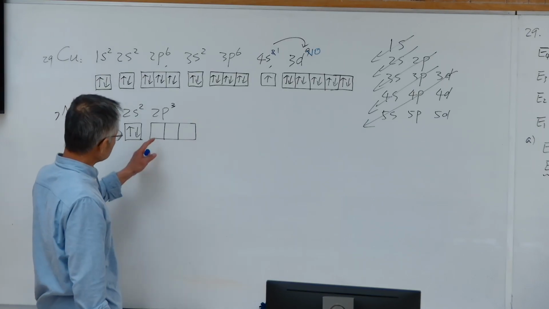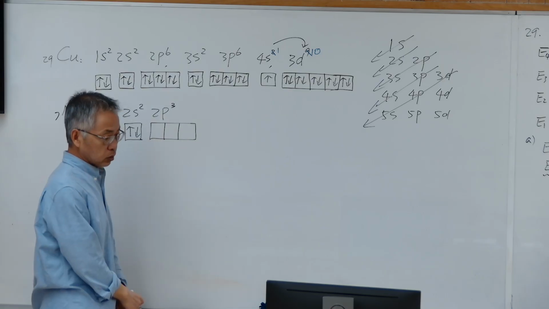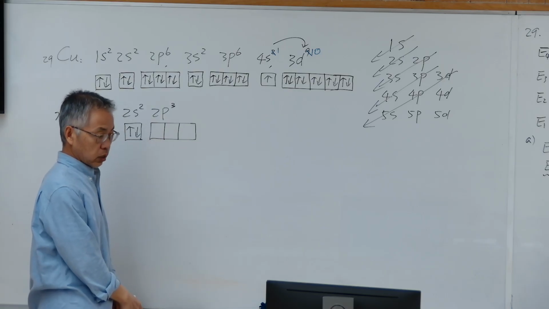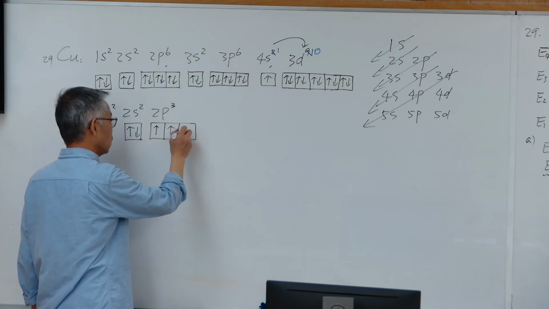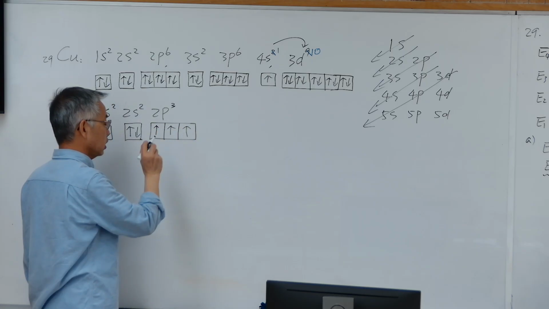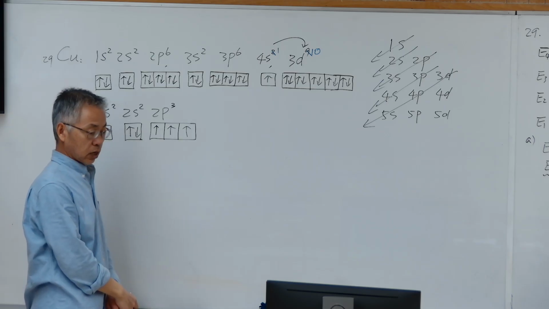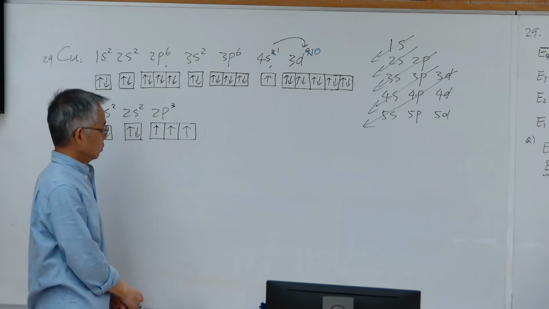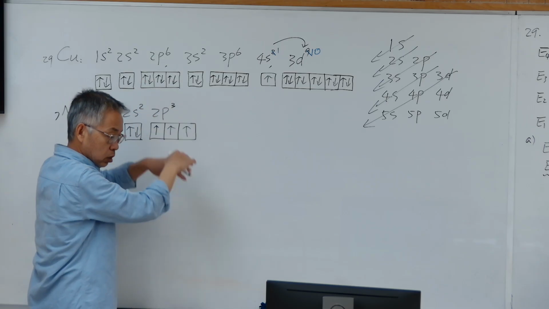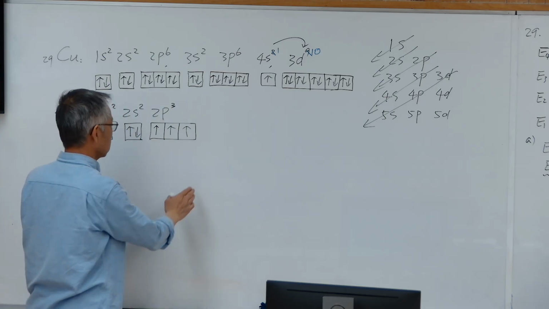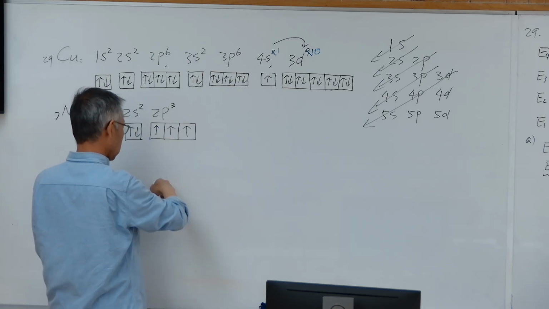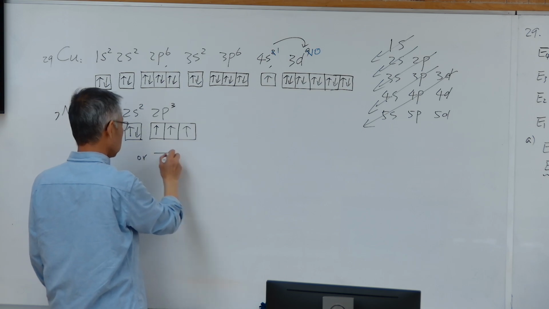How can we fit 3 electrons in 3 orbitals? What does the rule tell you? Fill in 1 electron in each orbital first, and these electrons have the same spin direction, either all clockwise or all anti-clockwise. Either way. So either all upward or all downward.